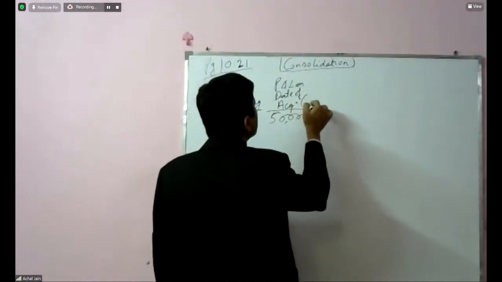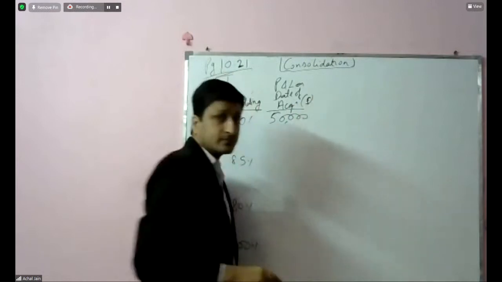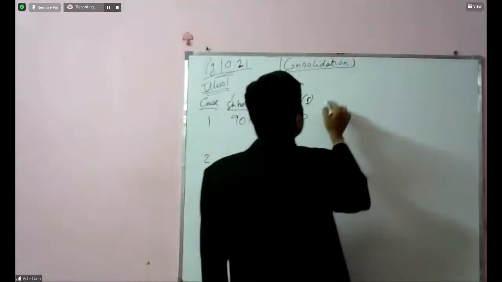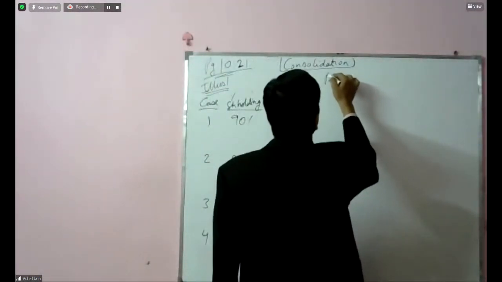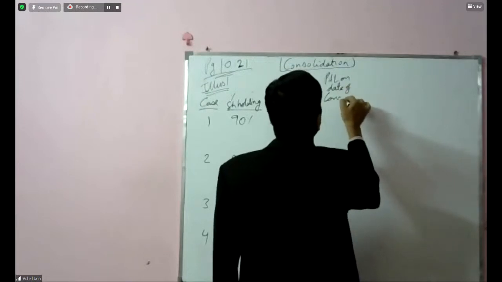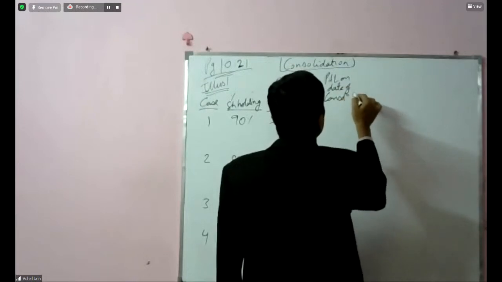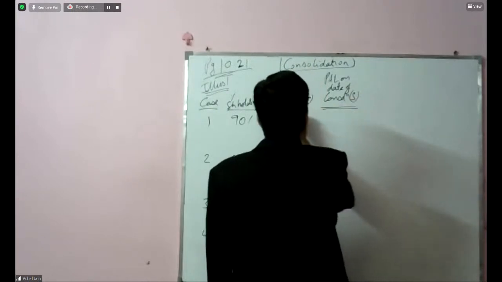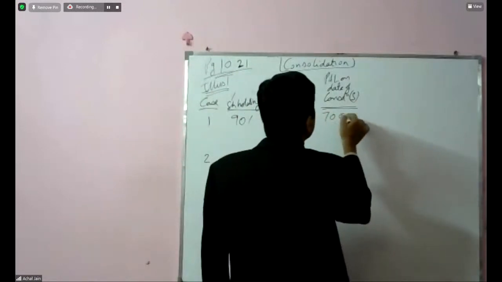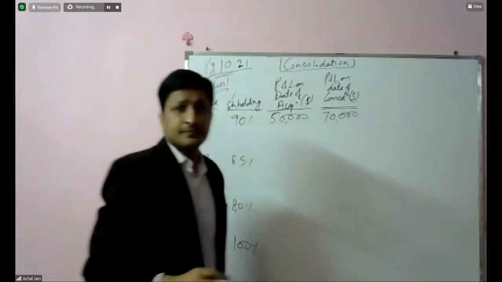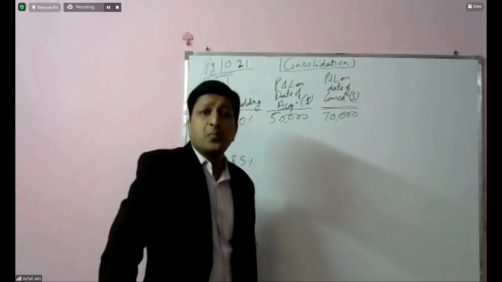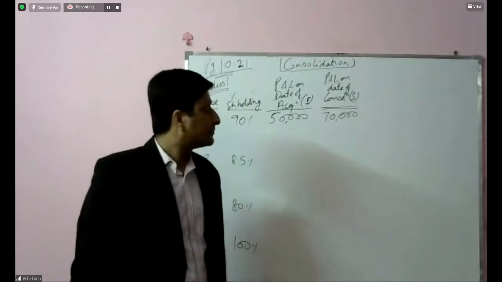This P&L is of S. And then we'll pick up the P&L of S on the date of consolidation, which is 70,000. So what are the post-acquisition profits?